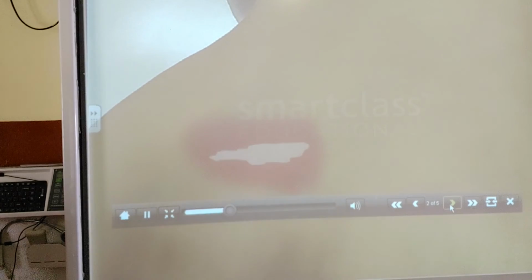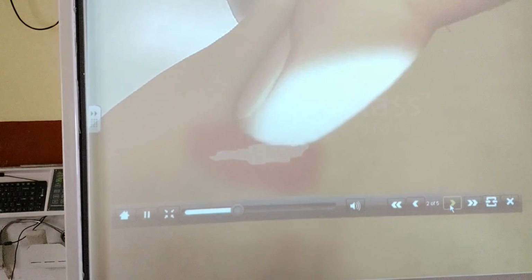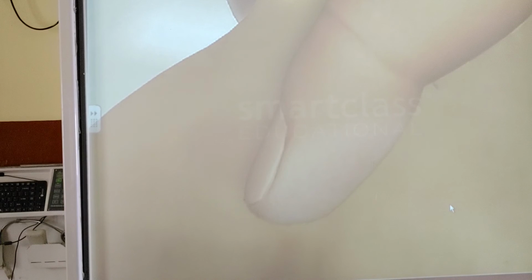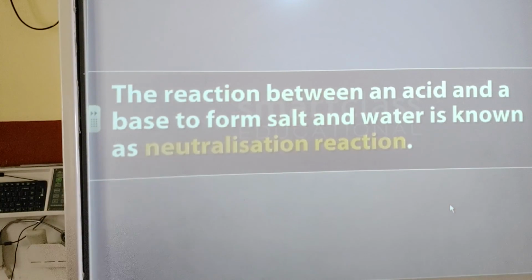If you apply some mild base like baking soda on it, the irritation stops because the base neutralizes the acid released from the sting. The reaction between an acid and a base to form salt and water is known as neutralization reaction. Let's perform an activity to learn about the neutralization reaction of hydrochloric acid and sodium hydroxide.